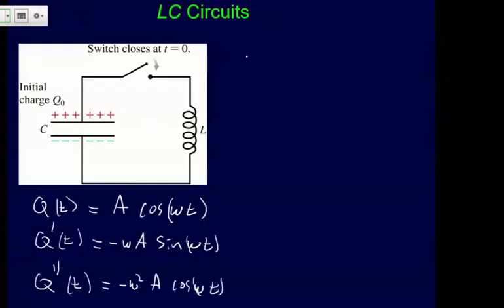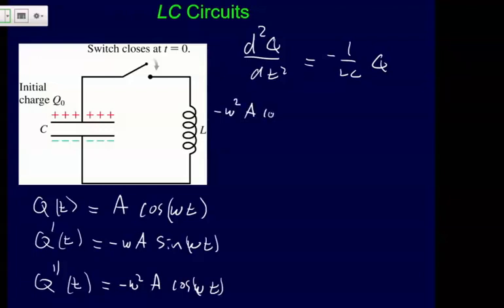And so here's what I was talking about last time. Okay, so if we write the equation this way here, which is a nice way to write it, and then I plug in for that, my second derivative with respect to time would be negative omega squared A cosine omega t, and that equals negative 1 over LC times my actual charge, which is A cosine omega t.